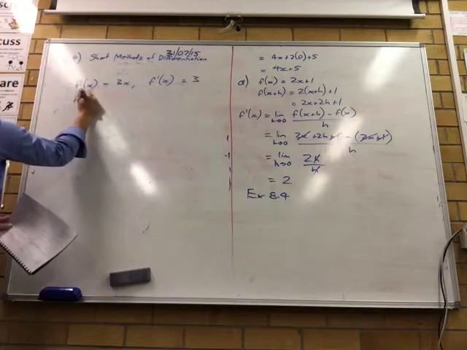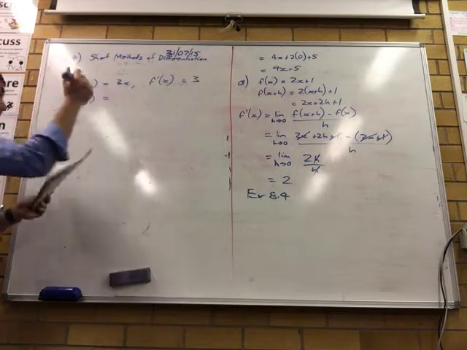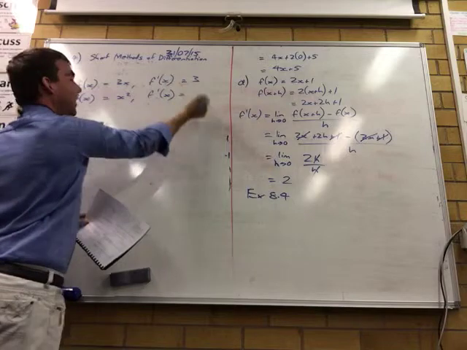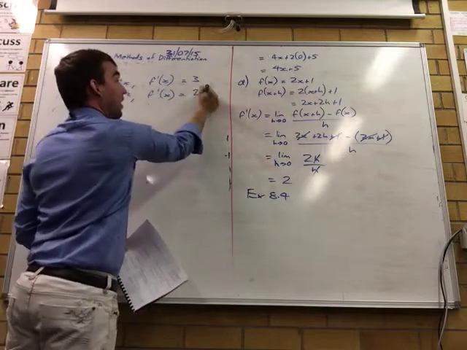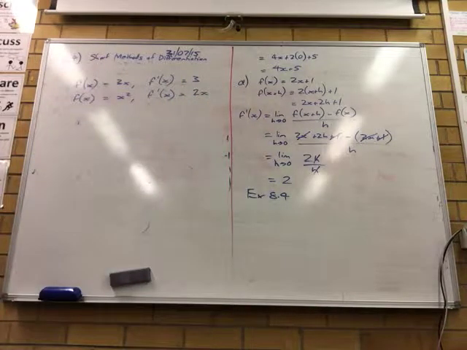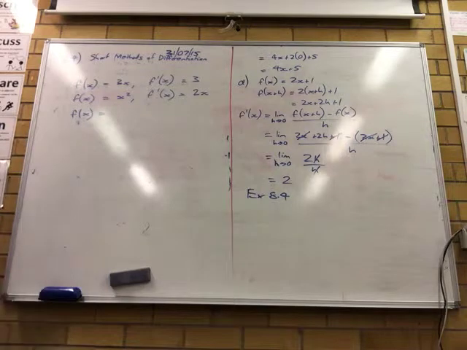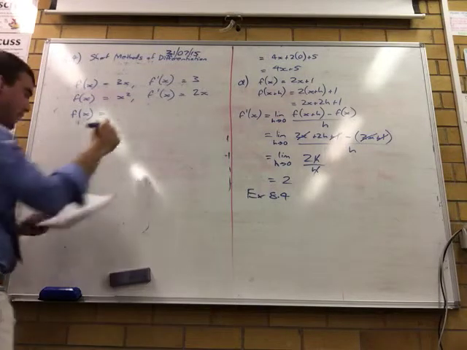Now, f of x equals x squared. f dash of x is 2x. Are we noticing anything so far?